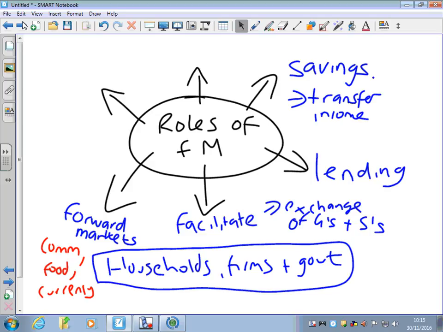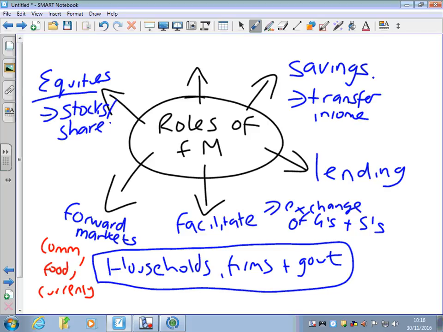Another role of financial markets is equities. And what we're looking at here really is stocks and shares. Now, we tend to use these words interchangeably, thinking they mean the same thing. Well, they kind of do.